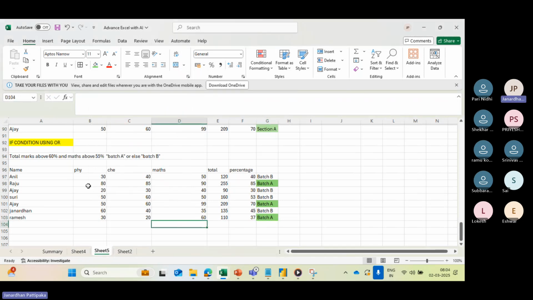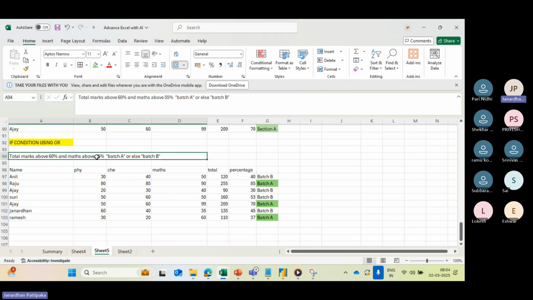See, the if condition when you use OR means, out of the two conditions you have mentioned, total marks is 60%, maths is 55%. So when you use the if function along with OR, if any one of the conditions satisfies, it will give the output as batch. That means either the total marks percentage is 60%, or you get the marks in maths 55%.